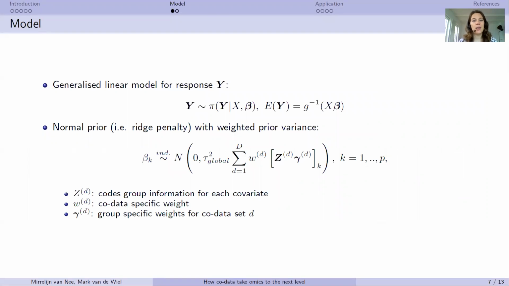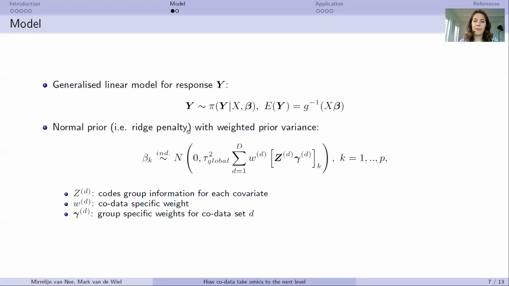We have a generalized linear model for the response or a Cox survival. So we have the main data X, and we have the response Y, and we have a vector of regression coefficients beta. And we have a link function, so the software currently allows for linear regression, logistic regression, and Cox survival. And then we impose a normal prior on the regression coefficients beta, which corresponds to a ridge penalty.